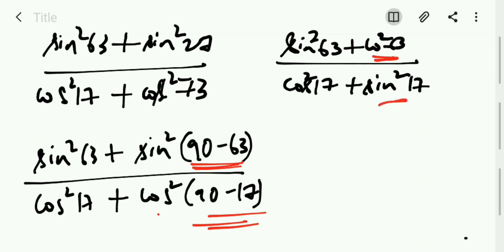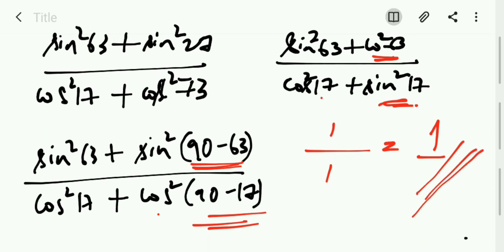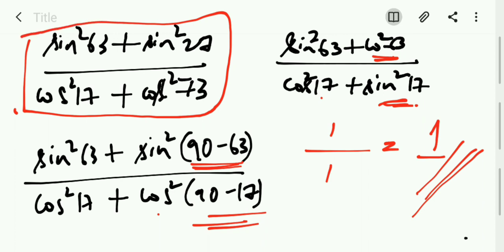Cos 90 minus theta is sine theta. But since we have squares, we are just adding them. Now, what is sine square theta plus cos square theta? 1. Once again, sine square theta plus cos square theta is 1. 1 divided by 1 is nothing but 1. So, the value of sine square 63 plus sine square 27 divided by cos square 17 plus cos square 73 is nothing but 1. Easy.